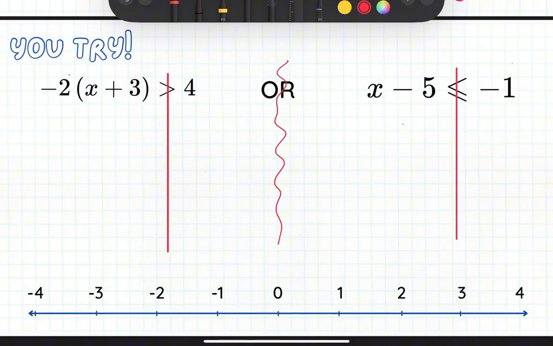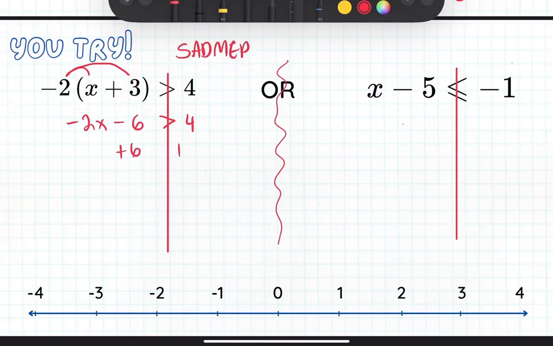Here we're going to first distribute. Remember, whenever you see parentheses, the first thing you want to do is to distribute. So we're going to get negative 2x minus 6 is greater than 4. And then we're still going to follow SAD MEP. Here I'm going to add 6 on both sides, and I get negative 2x is greater than 10.